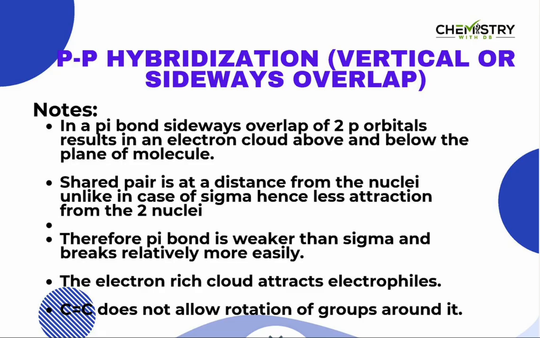Also, a very important aspect: in C double bond C, when there are sigma and pi bonds together between the two carbon atoms, it does not allow rotation of the groups around it. I am creating more videos on the electrophilic addition aspect of alkenes, and also on why alkenes allow geometric isomerism to occur.